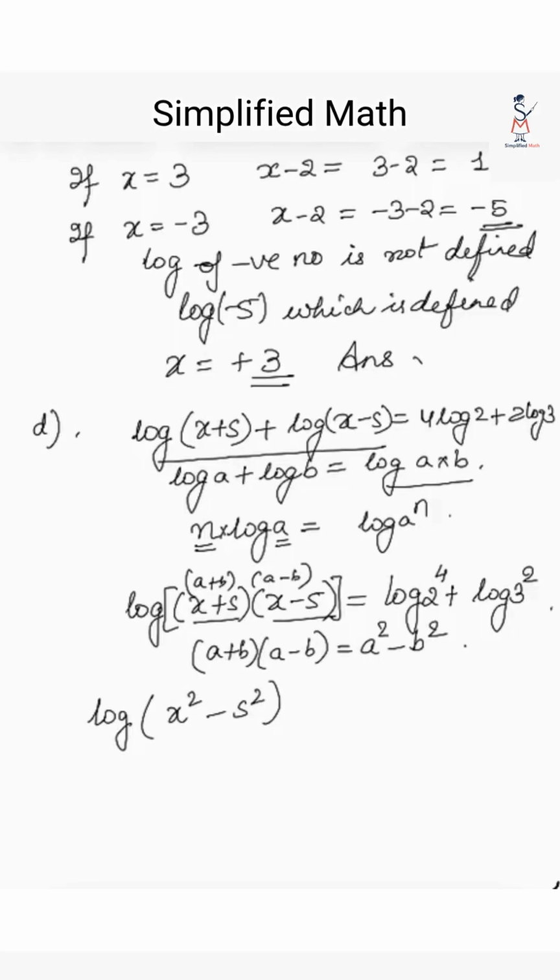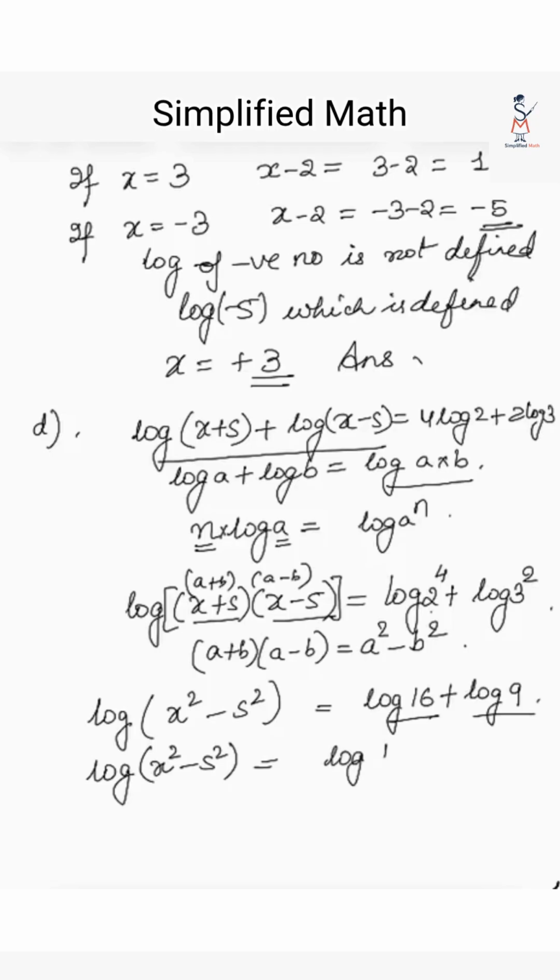Fine. And this is log 2 raised to the power 4, that is 2 into 2 into 2 into 2, that is log 16 plus log 9. Log of x square minus 5 square, we will leave as it is, and here again it takes the form of log a plus log b. That becomes log 16 into 9.